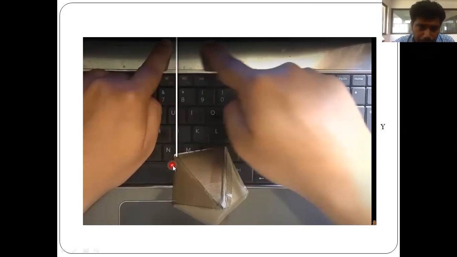This is one of the base edges of 30 mm, perpendicular to the vertical plane VP, and it is resting on the HP, horizontal plane. So this is the orientation of the object. You have to keep all these things in mind.